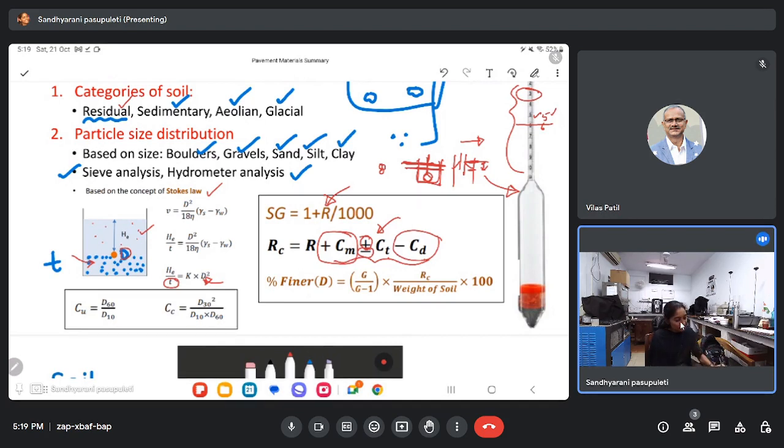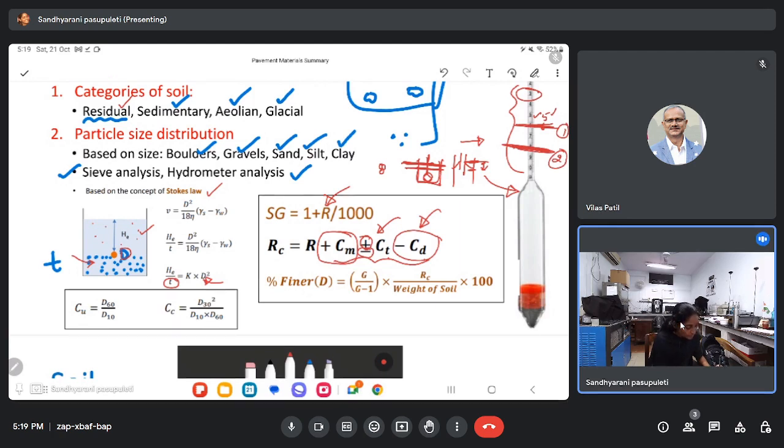If it is floating, its value would be at a lower position. So for example, one is the expected reading, but two is what you can see because it is floating. Two means it is a higher reading on the hydrometer. That means a higher value, but the original value is lower. So you need to reduce. That is the reason why the dispersing agent correction would always be negative.